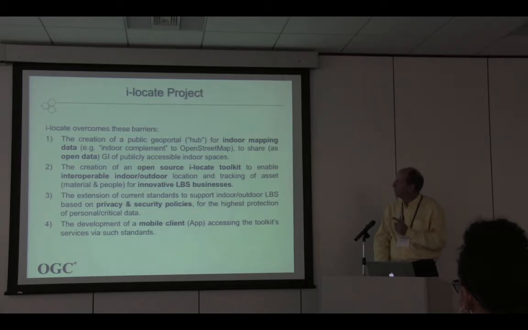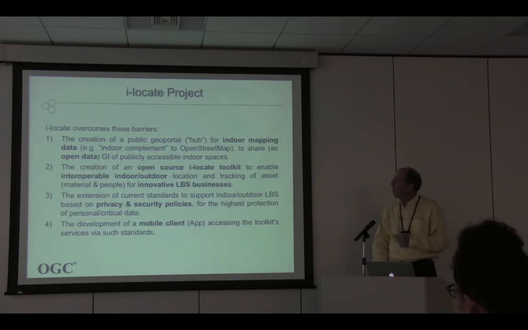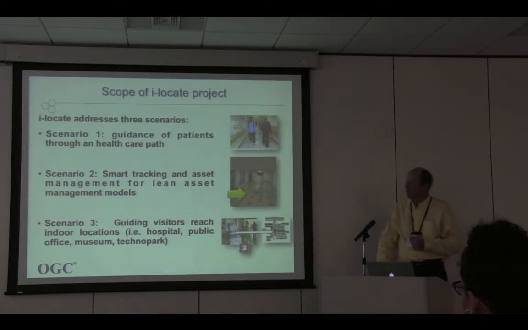They're producing some tools for the iLocate toolkit to enable the location and tracking, privacy and security policies, and they're going to build mobile clients. A key thing here is about how they're going to provide tools to people to build indoor maps to be able to provide the data that goes into this. So creating that indoor data, indoor venue map is a key need. We need the maps for indoor, and we need them to be created easily.